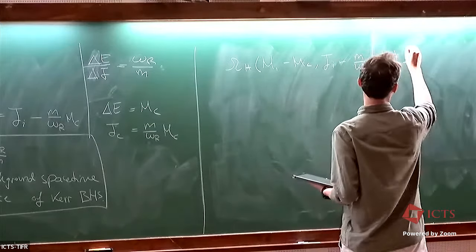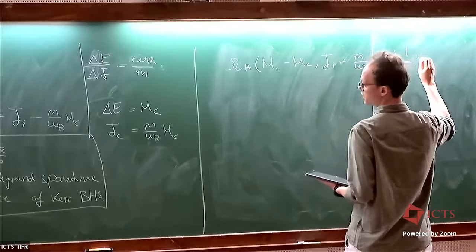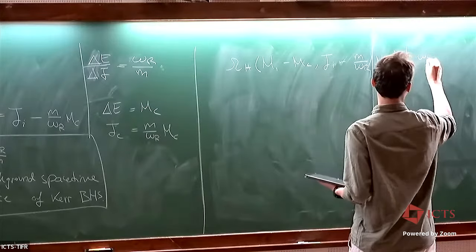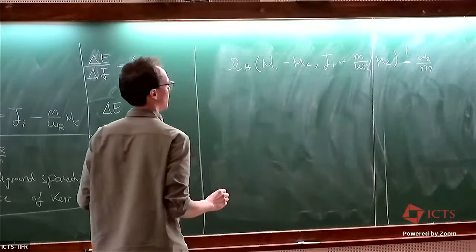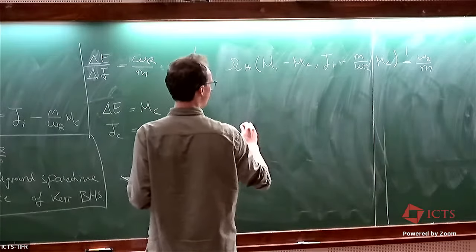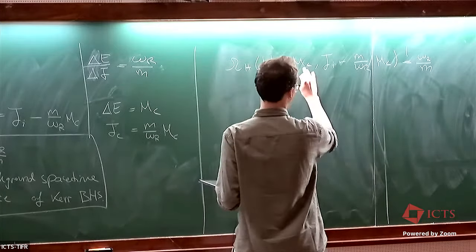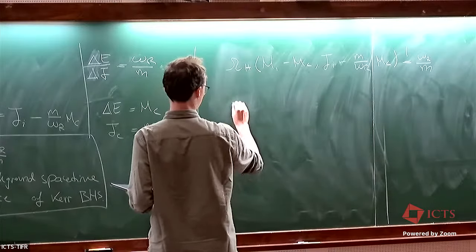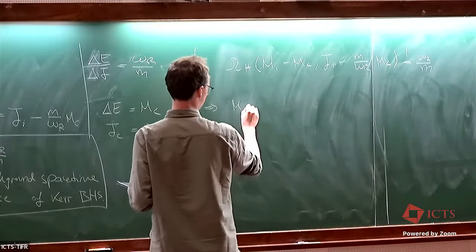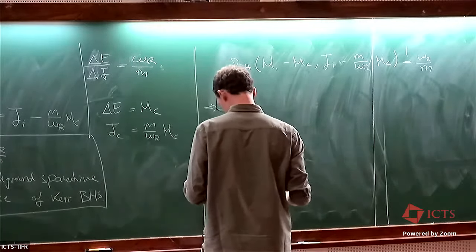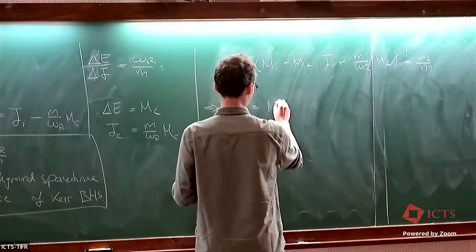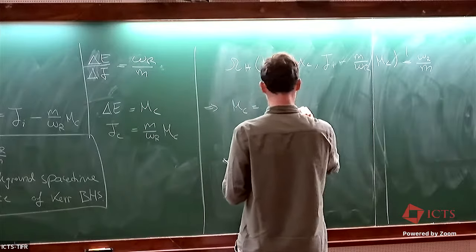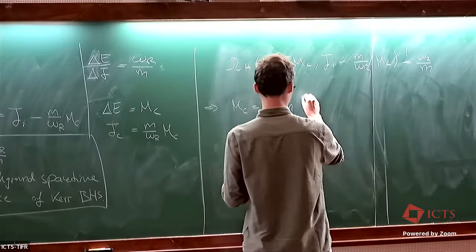And this we're now imposing to be omega r over m. Okay? And so this equation we can then solve for mc, and we get mc is equal to the initial black hole mass. Let me write it out first, and then we can discuss.